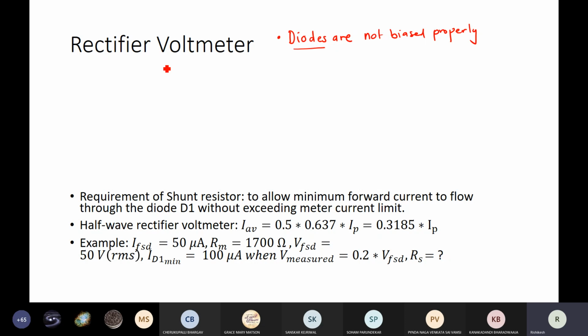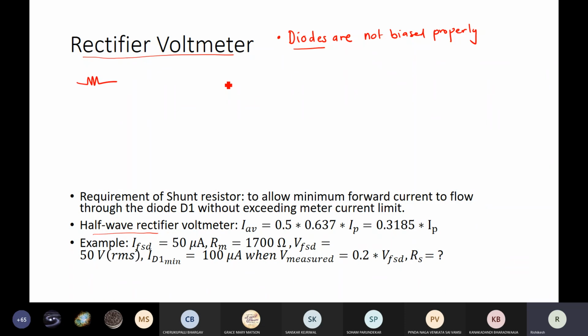In this case, we will consider the rectifier voltmeter example with half wave rectification. Remember, the same approach will remain, just that with this example we will also explore the utilization of a half wave rectifier voltmeter. Previously we saw full wave rectification.